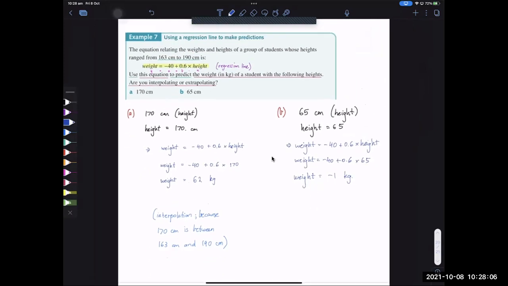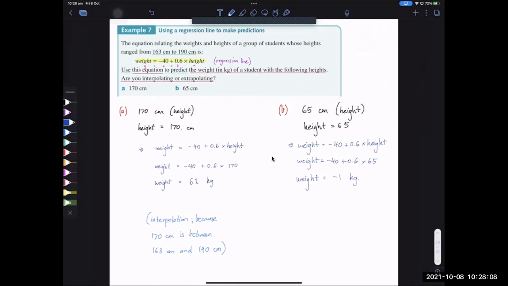Now, is this interpolation or extrapolation? We've got to look at the 65 centimeters and compare that with our range of data. Extrapolation, correct.